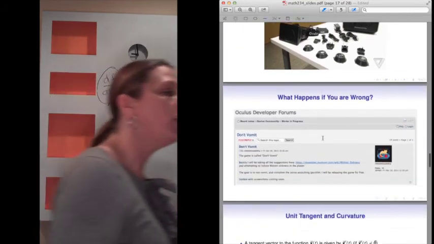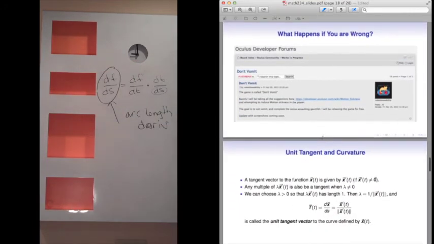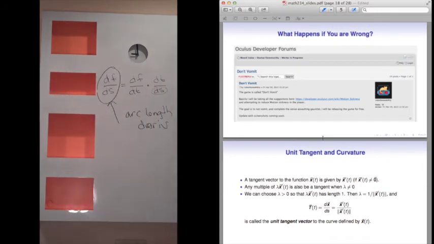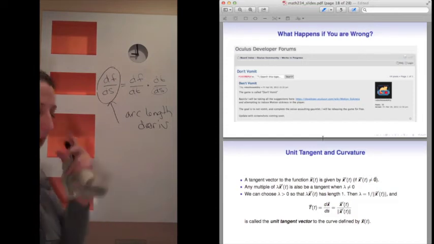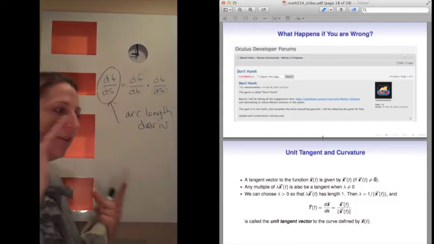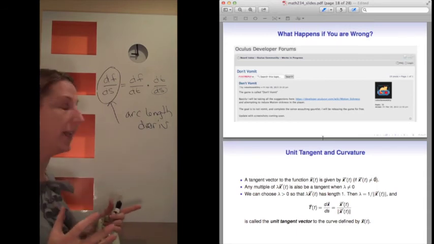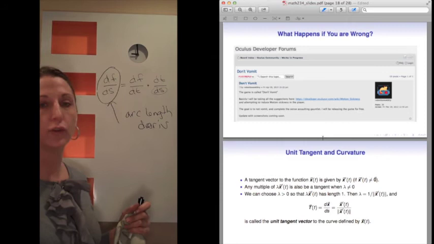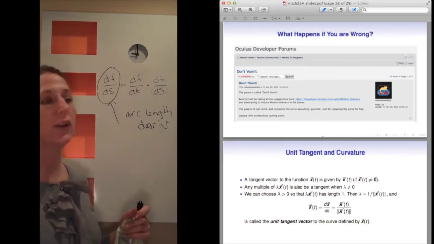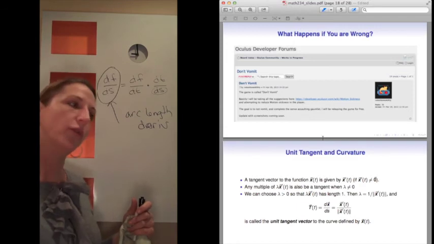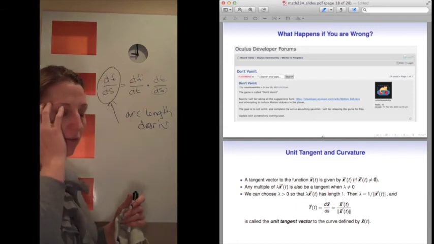And what happens if you don't calculate this correctly? There are various videos posted online of people getting quite sick from having a disconnect when they turn their head and the virtual world doesn't turn quickly enough. So they have these gyroscopes inside the virtual reality goggles that make measurements of the velocity that you're turning and so on.